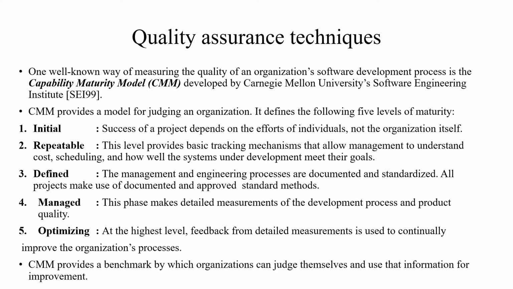So the CMM provides a benchmark by which organizations can judge themselves and use that information for improvement. That is very important. So here in this quality assurance technique, for judging the organization, we are using the CMM method as a benchmark method.